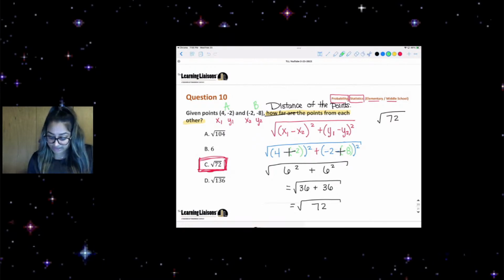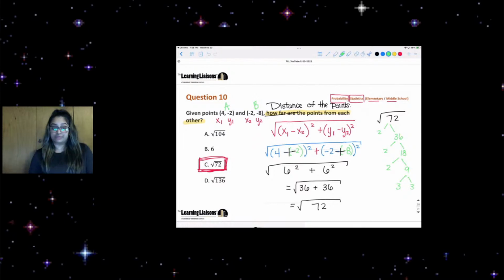I know that I will have 2 and 36. 2 times 36 is 72. What goes into 36? I will have 2 and 18. What goes into 18? I will have 2 and 9. And what goes into 9?